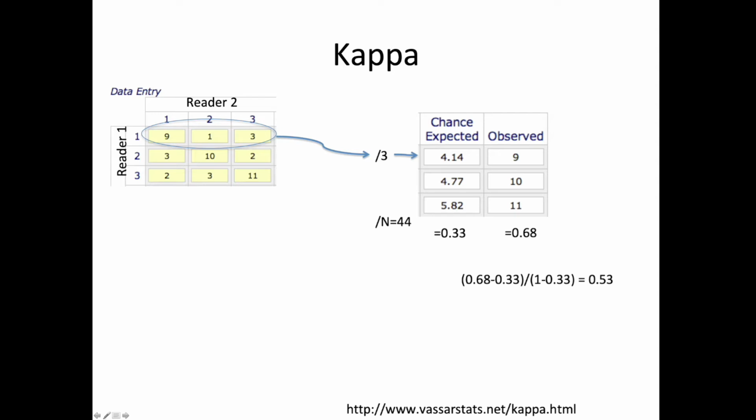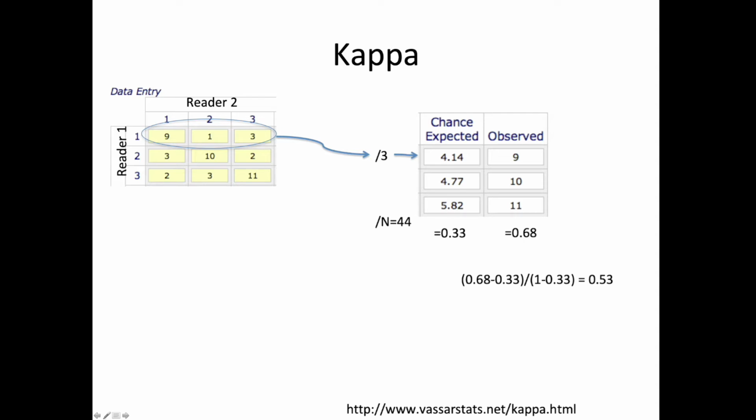So reader 1 in this case rates 1 a total of 13 times. 9 out of those 13 times reader 2 agreed with it, and there was some disagreement in between the readers.